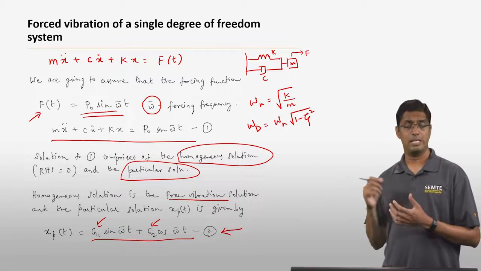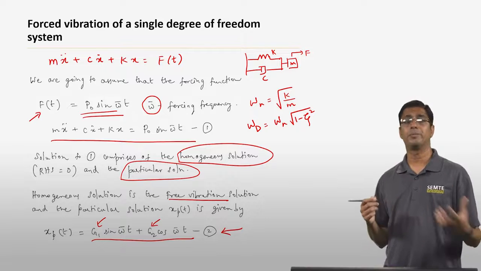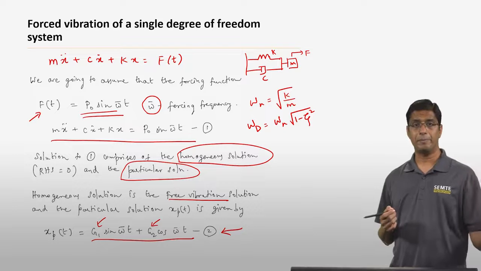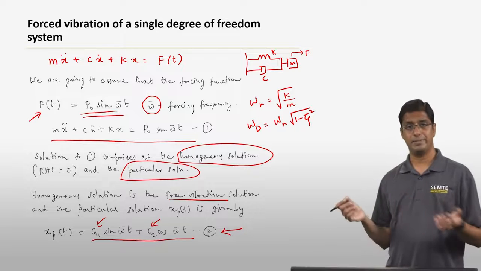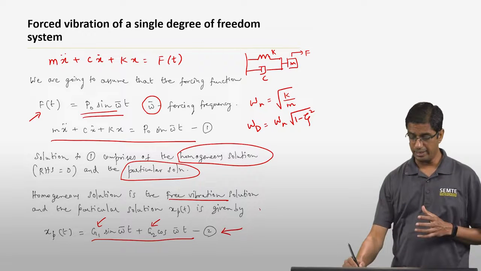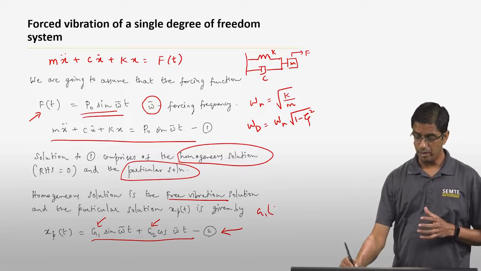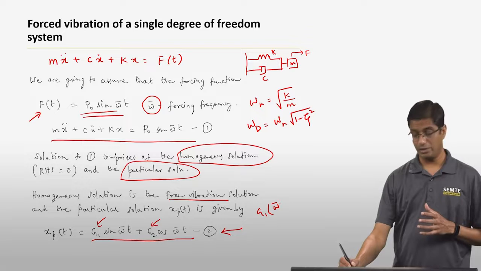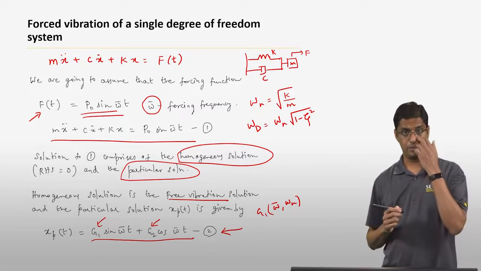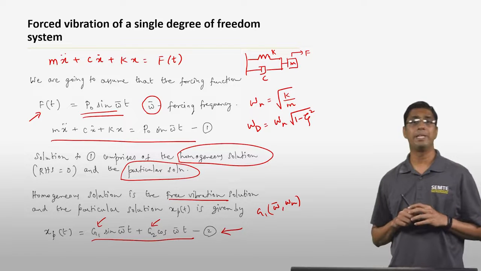For a particular omega bar, G1 and G2 might be very small. For some other omega bar, G1 might be large but G2 might be small, and vice versa, or both could be large. But G1 and G2 are essentially functions of omega bar, and they're also going to be functions of omega n, as we will see in a few minutes. So that is going to be a particular solution.